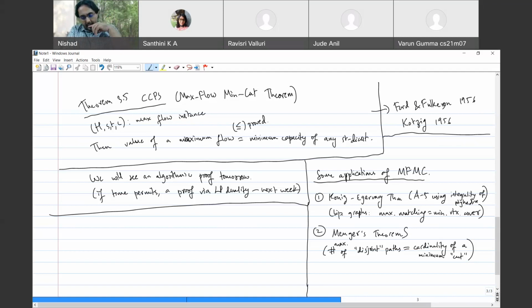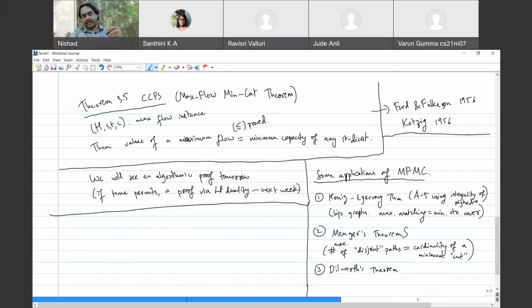What else? Are there any other theorems? There is a theorem called Dilworth's theorem, which is about partially ordered sets. You can read about it. Instead of looking for paths in a graph, you have a poset. Is everybody familiar with a poset, a partially ordered set? You have a poset, and you're looking for the maximum number of chains in the poset, and that is upper bounded by, I think the concept in poset theory is called an antichain or something.